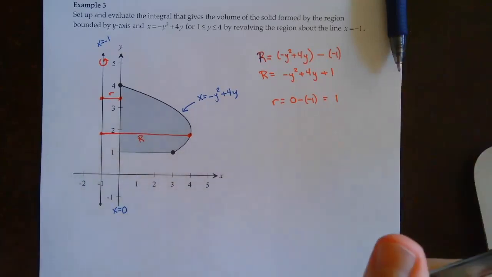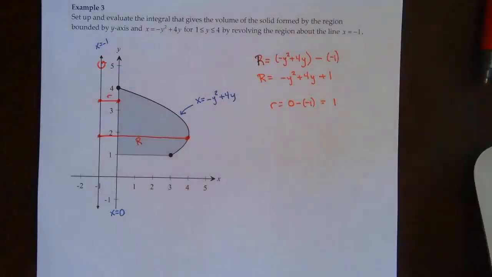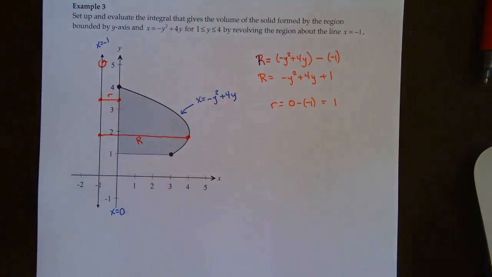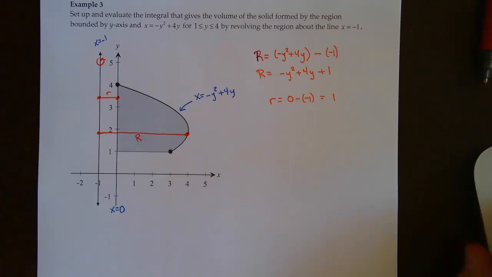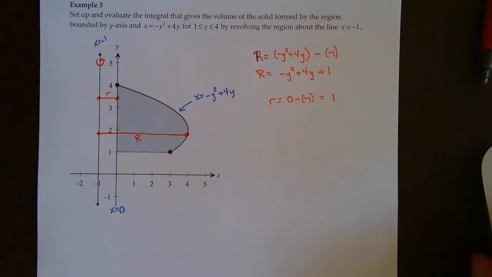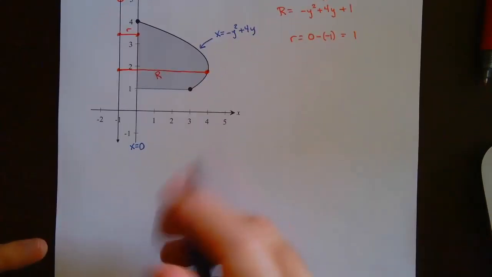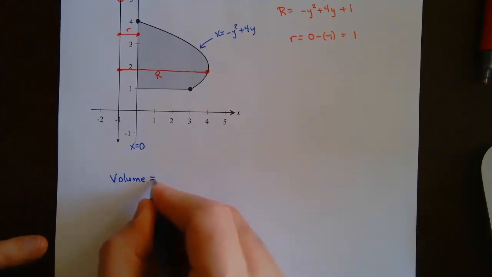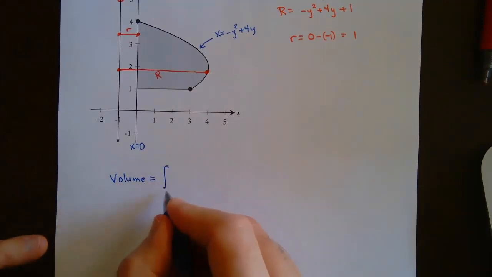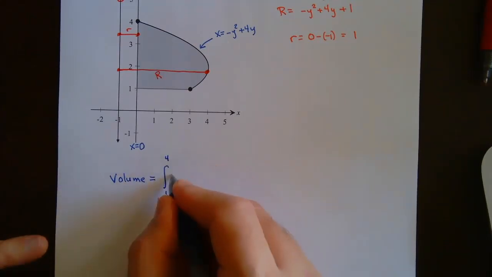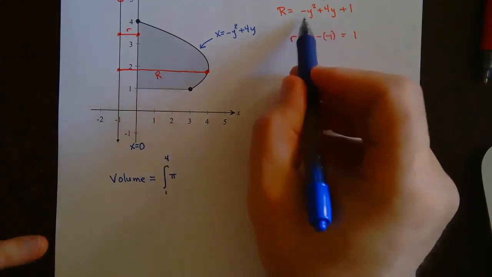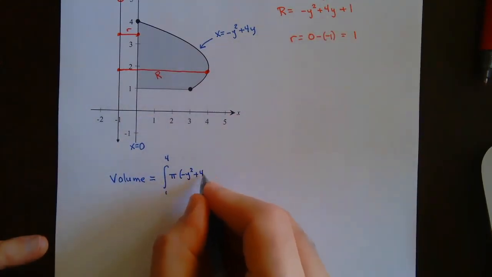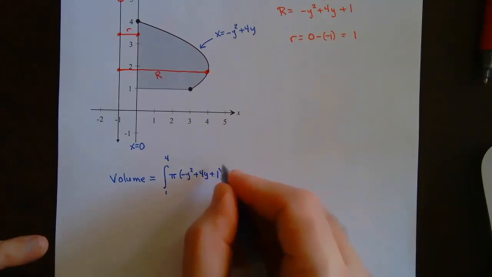Now we have our big R and our little r. We know we're going to start integrating at 1 and stop at 4, and we're ready to set up the integral. So the volume is equal to the integral from 1 to 4 of pi times big R, which is negative y squared plus 4y plus 1, close the parenthesis, squared.